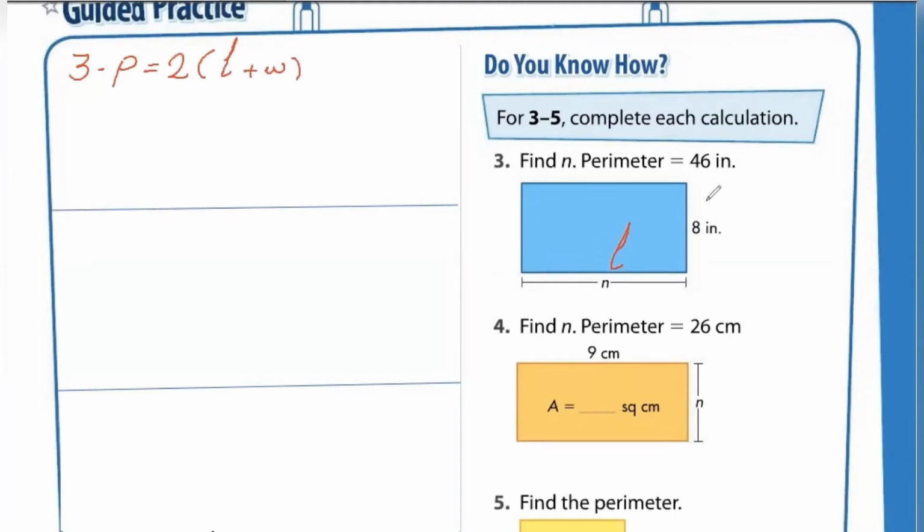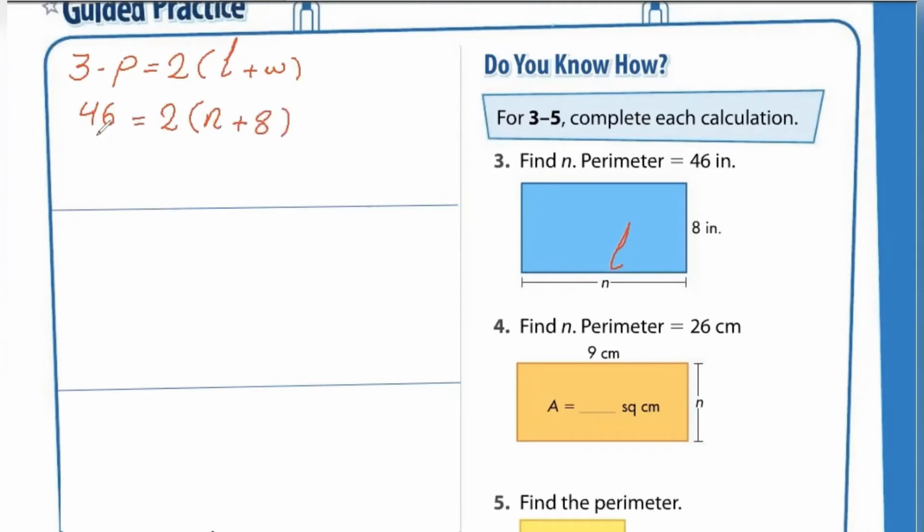What we have to do now, I will substitute each unknown or each variable with its value. The perimeter is 46 equals, I will put 2 as it is. The length, n, I don't know it, plus the width, 8.